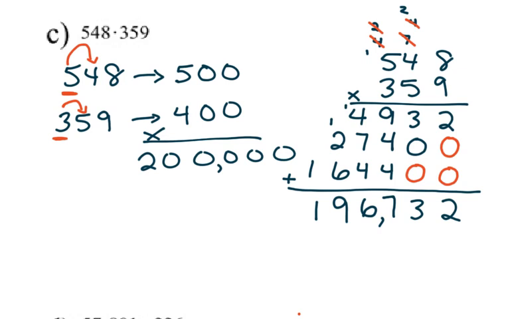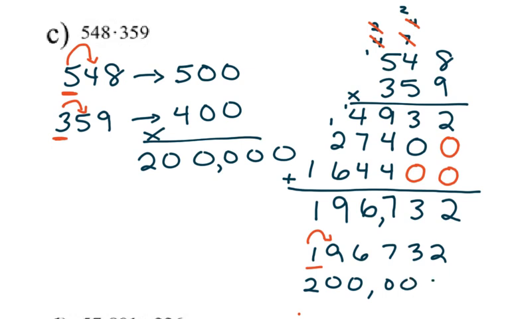And if we front-end round 196,732, it will absolutely round to 200,000. And so our estimate of 200,000 is really good for our multiplication, our product of 548 and 359.